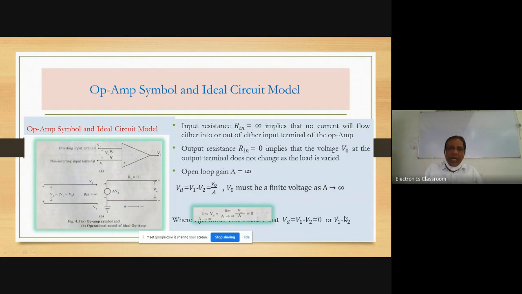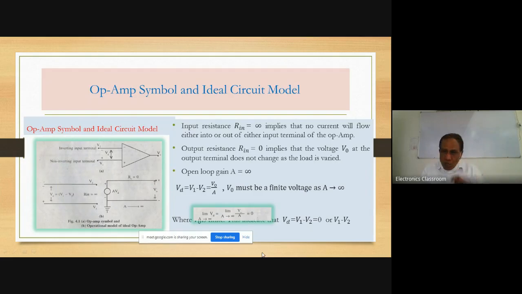It represents that the potential or voltage at the V1 terminal and the V2 terminal are the same. They are equipotential, at the same potential. Whatever the status of V1, that will be the status of V2. Therefore, when the gain A equals infinity, V1 and V2 are at the same potential.